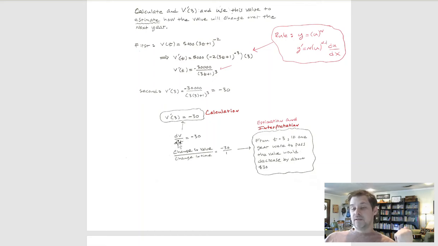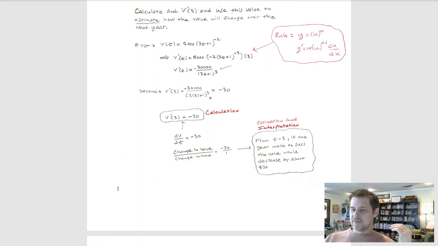Well, what that can be thought of is that this number for our derivative, -30, measures change in value over change in time. Okay, so if change in value over change in time is -30, let's put -30 over 1.